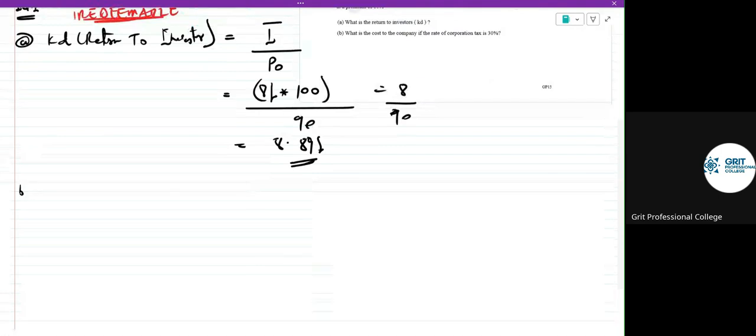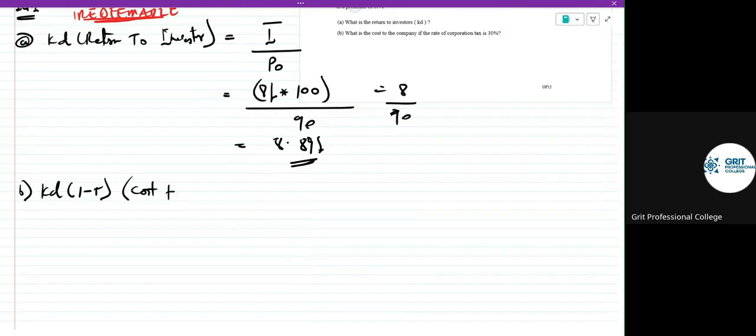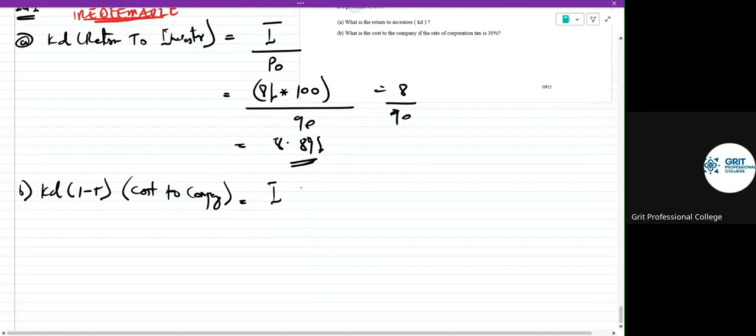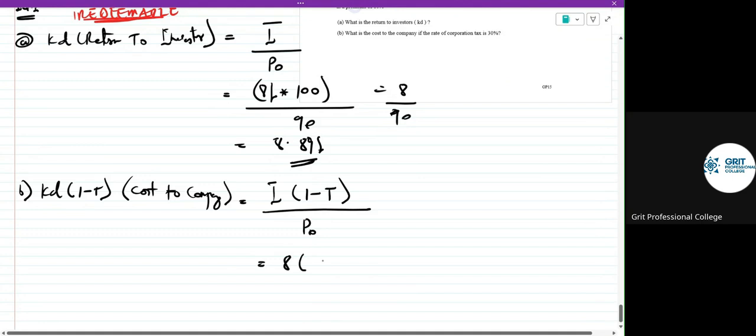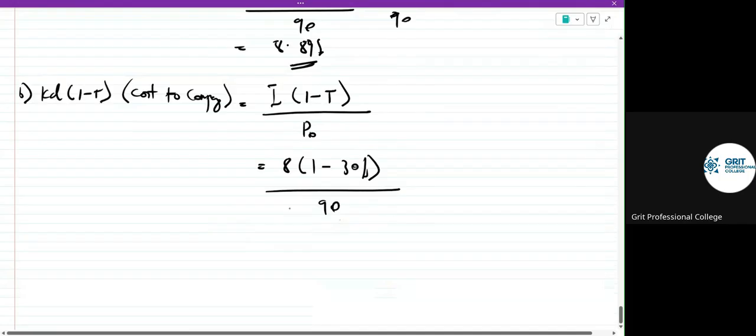But using the same information, if we want to find the cost to the company, which is KD(1 minus T), then the formula becomes I into brackets 1 minus T all over the price of the debt. So that therefore means 8 into bracket 1 minus the taxation rate, which is 30% from the question, all over 90.